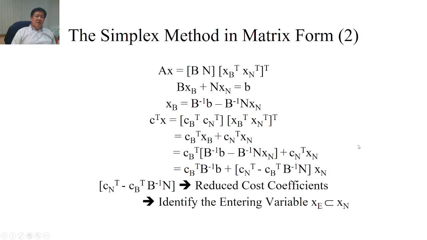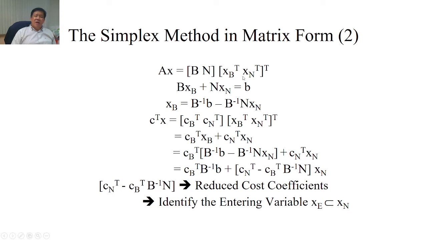Now in the next step, we're going to separate Ax based on the separation of x sub B and x sub N. Since A is equal to the B submatrix augmented with N, times x, where x is x sub B transpose, x sub N transpose, all transposed again.